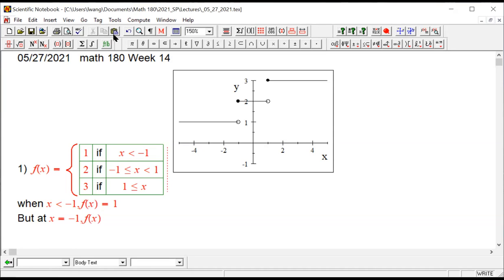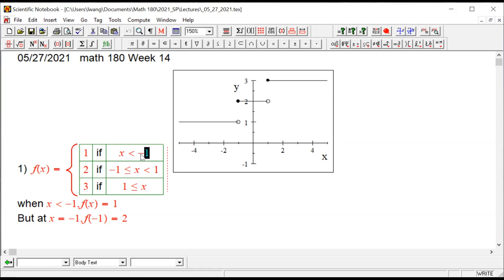Okay, f of -1 equals what? You have to use the second rule. The second rule is 2, right? So how do we express that the first rule does not apply at -1, but the second rule applies to -1, right? Do you guys see that?